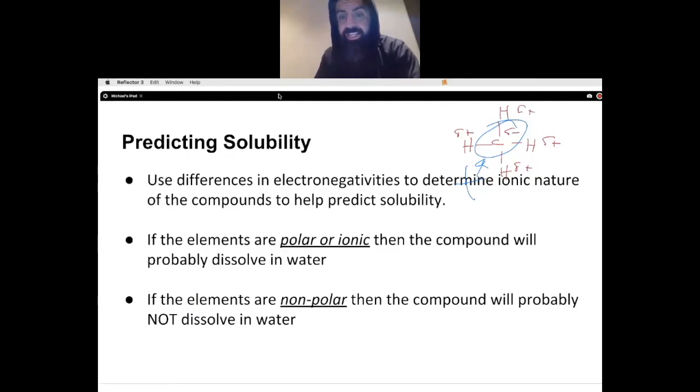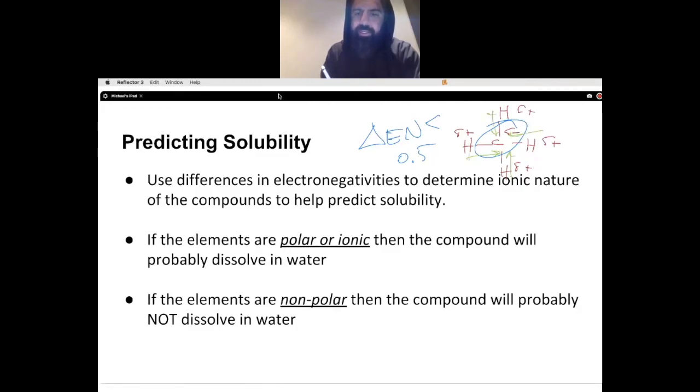Hence the reason why, even though we've got this slightly positive, slightly negative, if you look at the change in electronegativity, you will notice that it is less than 0.5. Go back to chapter 3 where we talk about electronegativity and the polarities. If something is less than 0.5, for the most part, it is considered nonpolar, even though it has these slightly positive, slightly negative ends. We always go from the positive to the negative.